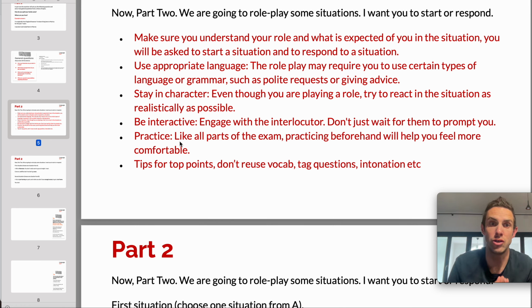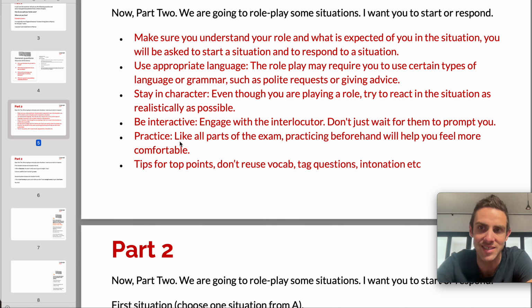I need you to use appropriate language for the situation that you are role playing, and I need you to stay in character. I know it sounds weird and it takes a bit of practice, but try and really get into character with the interlocutor. They appreciate it as well. It makes their day go by quicker and more entertaining for them.